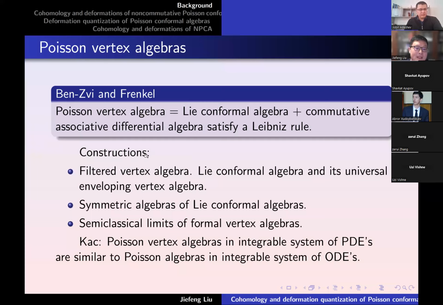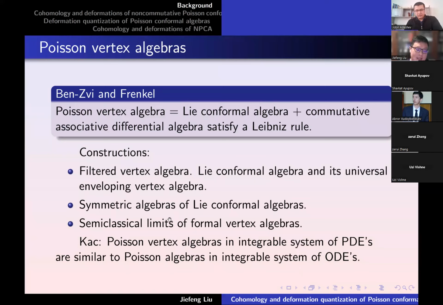There are three main constructions. One is given by a filtered vertex algebra. It's constructed from the Lie conformal algebra, the universal enveloping vertex algebra. The second is given by symmetric algebras of the conformal algebra.